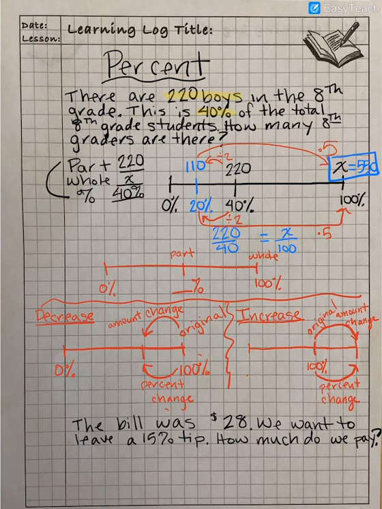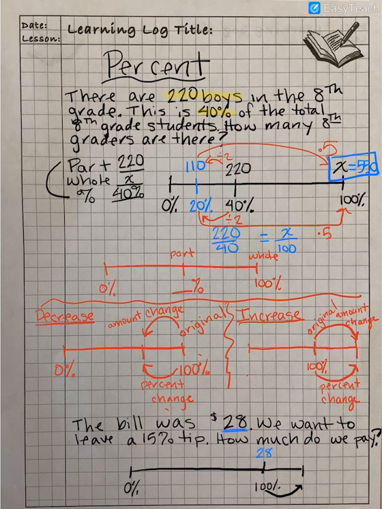Again, we're going to draw our number line here. And I'm going to extend it a little bit for the 15% tip. So we have our 0%, we have our 100%, and then this time it's going to increase. When I put my numbers on here, the 28 is the original amount.